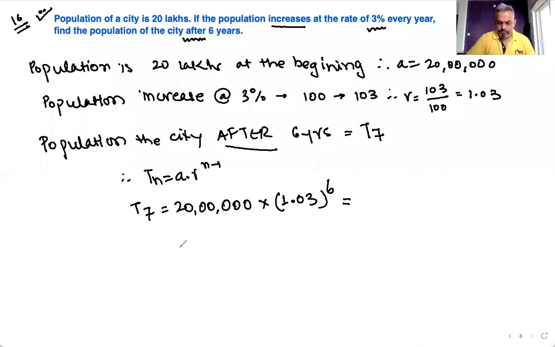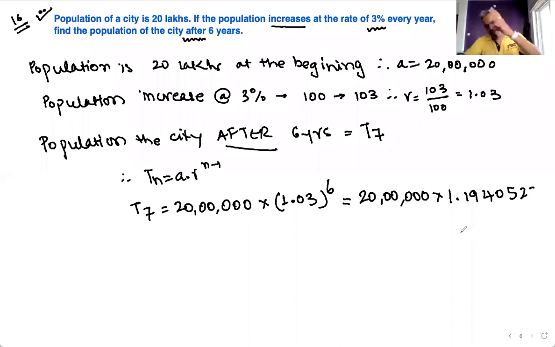Into 20 lakh, you will get 1.1940522, जहां तक जाता है जाने दो, and into 20 lakh, which comes to people, a population, which is equal to 23 lakhs 88,104.5. So 105 people.